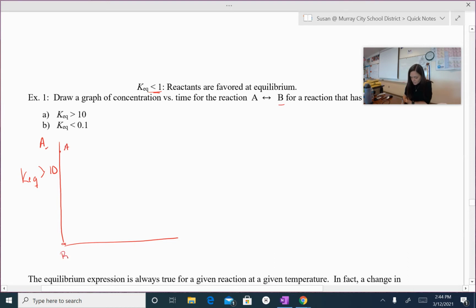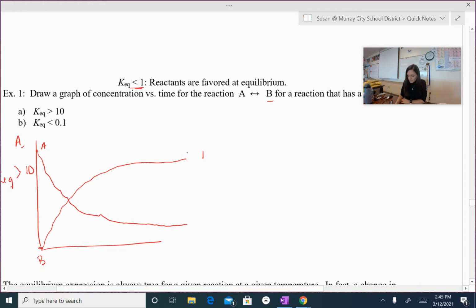My concentration of B is going to start out really low. But if I make a lot of products, my concentration of A is going to go down really, really quickly, and my concentration of B is going to go up pretty quickly. So B is going to end up with a greater concentration than A when we're done.